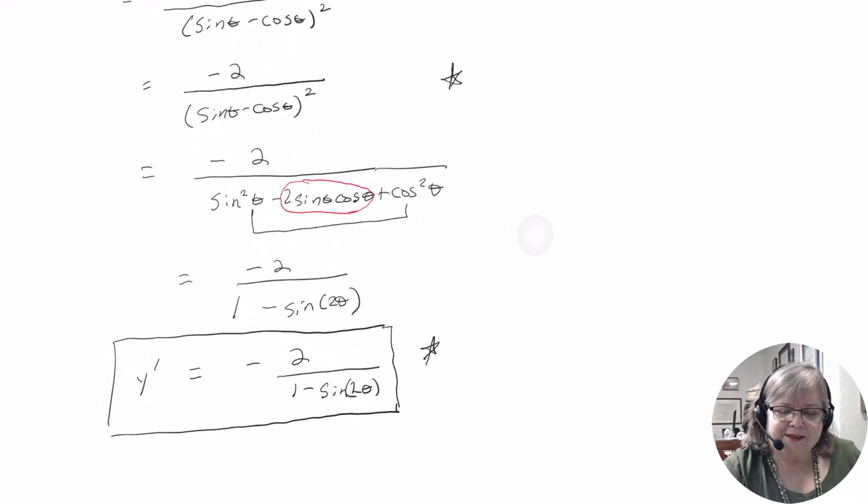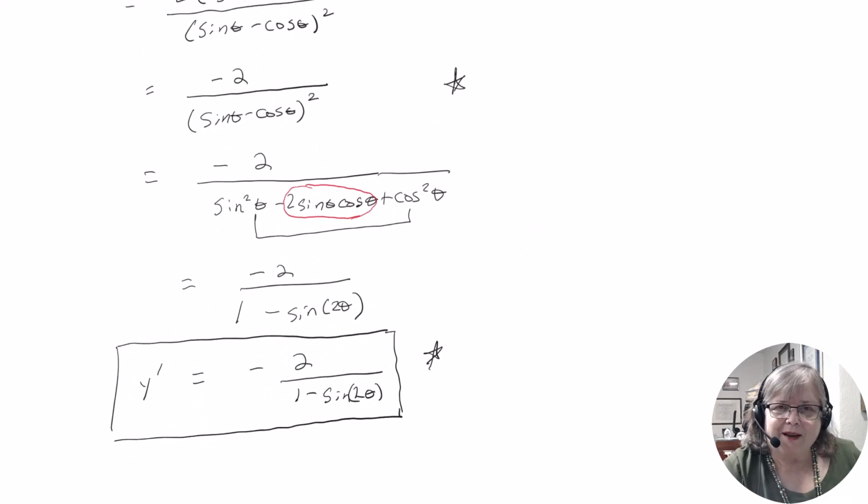I actually think it does look a little bit better, and I think it's worthwhile trying to go down that far because you actually managed to implement two identities. This one that gave you 1 and this one that gave you the double angle formula. So I think it's well worth that little extra few steps to get 2 more identities put in there.